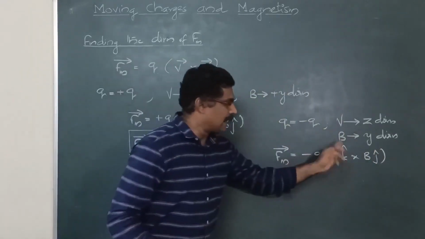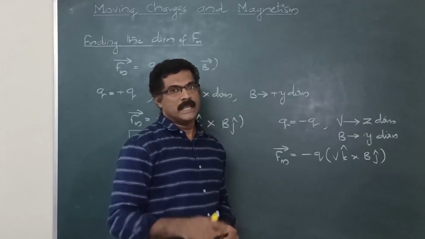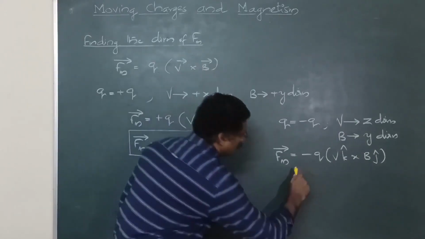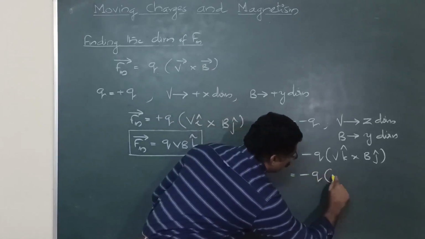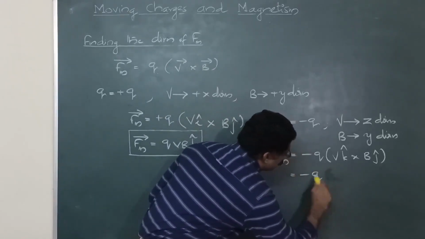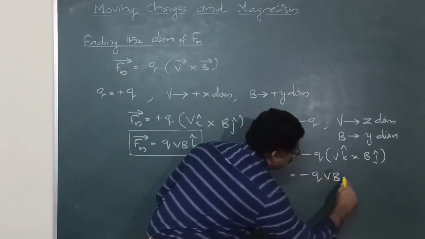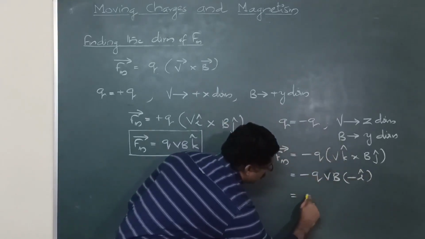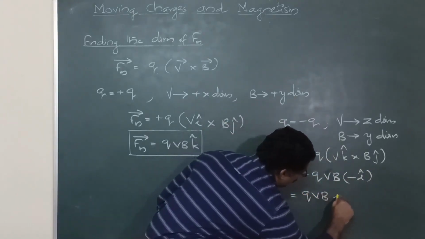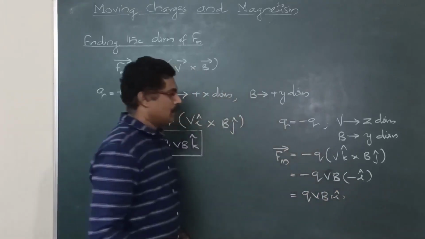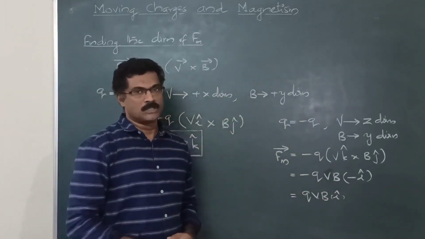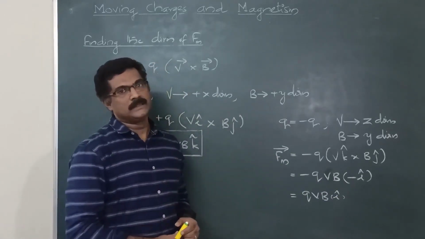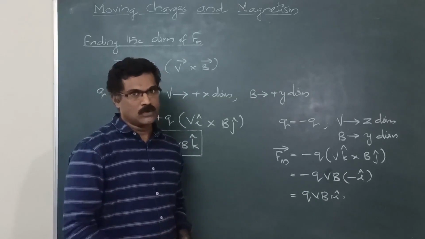So here what is k cross j? j cross k is equal to i, k cross j is minus i, so the answer is minus q into vB into minus i cap. Minus into minus is plus, so the answer is qvB i cap. So what is the direction here? Positive x direction.